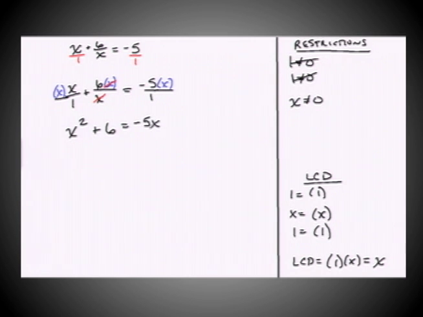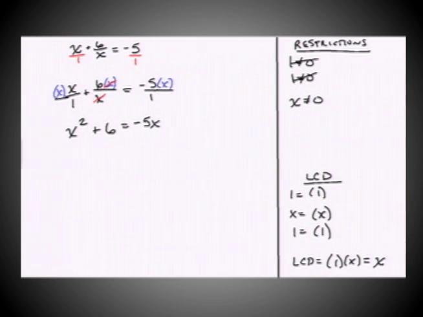-5x. So actually, this has morphed into a quadratic equation, and you should remember from earlier studies in the textbook that to solve quadratic equations, if you can factor them and use the zero product property, that's how you should solve it.